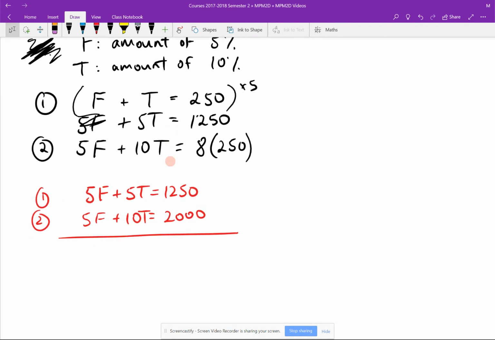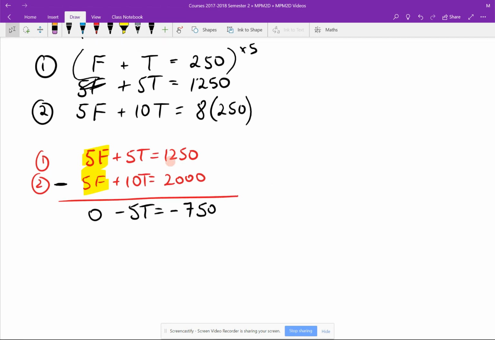I'm going to eliminate my F's because they have the same coefficient. 5F minus 5F is 0. Remember, we're subtracting: 5 minus 10 is negative 5T, and 1250 minus 2000 is negative 750.